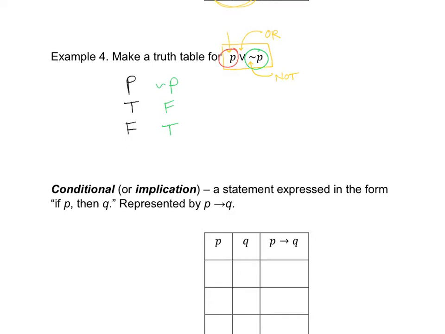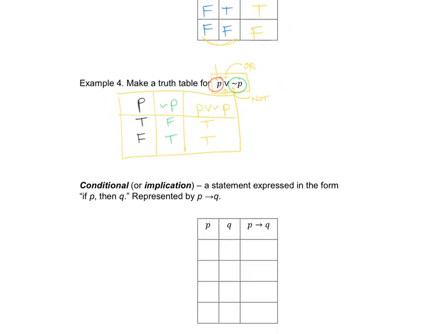Now for the disjunction, for our or, we're going to have to put those two parts together. And remember, or is true as long as one of them is true. So this is going to be true and true. So what we've just created is our truth table for that statement. But we needed those 3 parts to complete it.